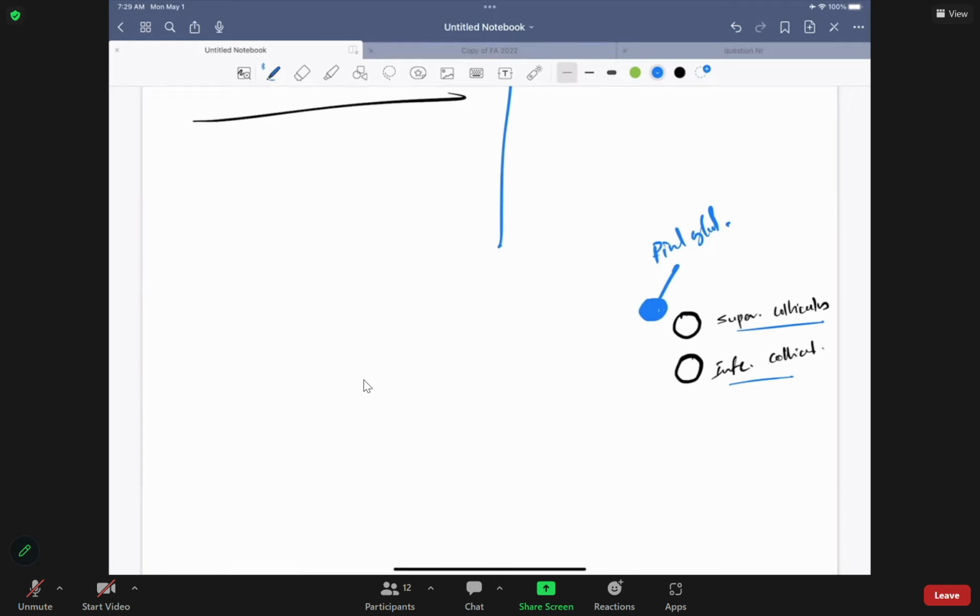The superior colliculus is for vision, the inferior colliculus is for hearing. How do you remember? Look at my ear. Which one is higher, my eye or ear? The eye is higher than the ear, isn't it, folks? So that's why superior is for vision, inferior is for hearing.